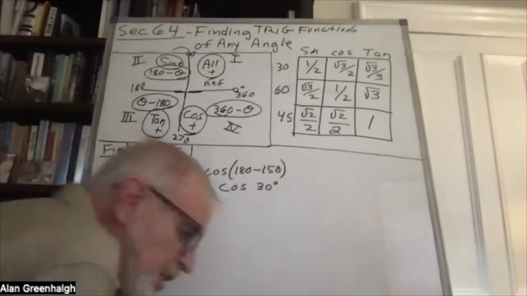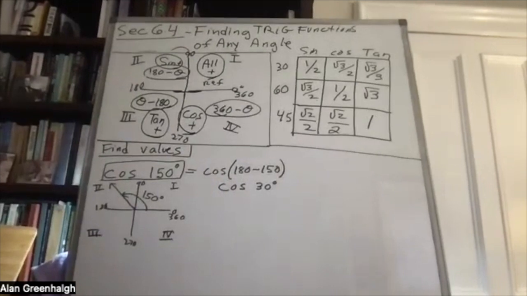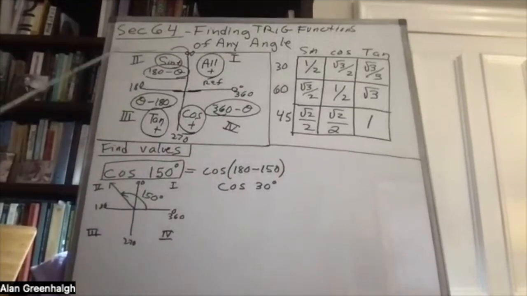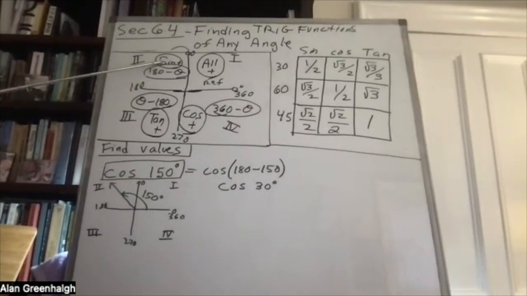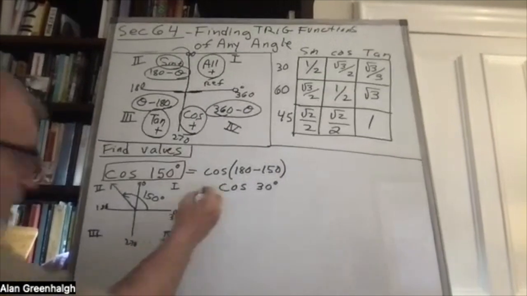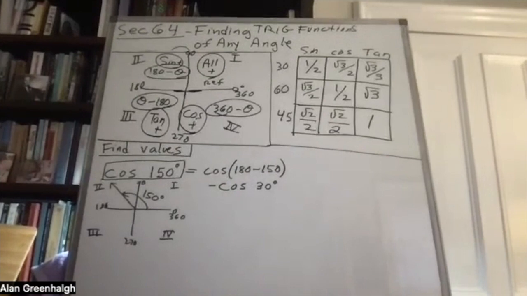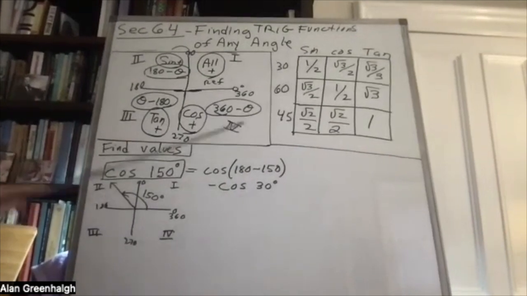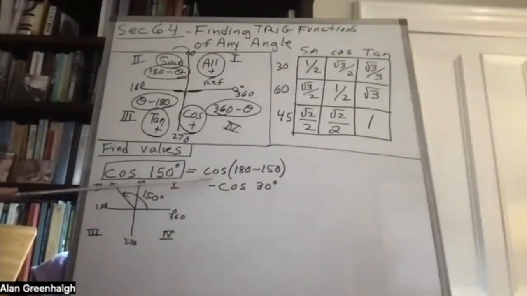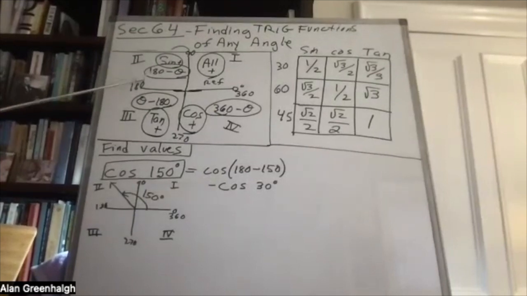But we also need to know if it's going to be positive or negative. So look at it. It's a second quadrant angle, but only the sine is positive. Therefore, the cosine is going to be negative. Whatever that cosine of 30 turns out to be, it's going to be negative because the cosine is negative in the second quadrant.